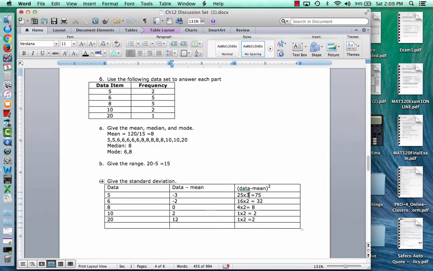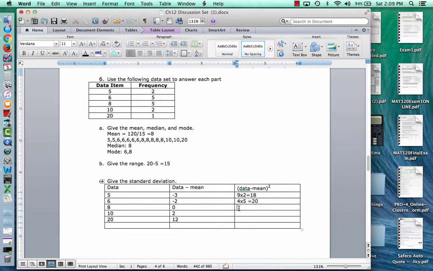Then when I square these values, alright, so when I square negative 3, I get 9. But there are 2 5s, so I multiply that by 2, I get 18. And when I square negative 2, I get 4, but there are 5 of those, so that's 20.